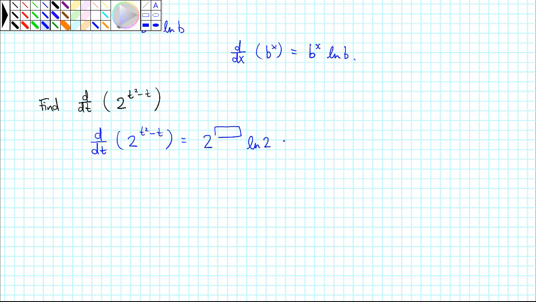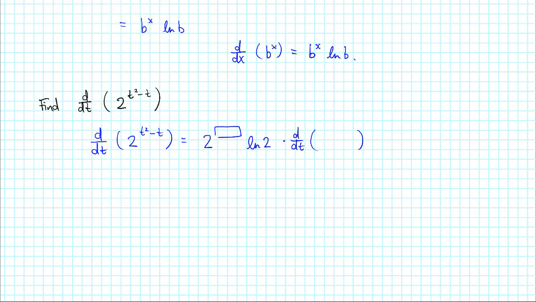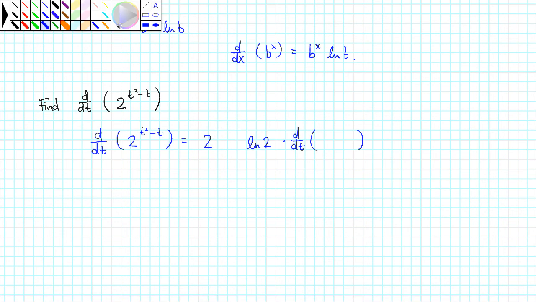But then we have to take the derivative of that something, which is t squared minus t. So this derivative is 2 to the t squared minus t times ln of 2 times the derivative of that inside, which is 2t minus 1. And that is how we calculate the derivative of that.